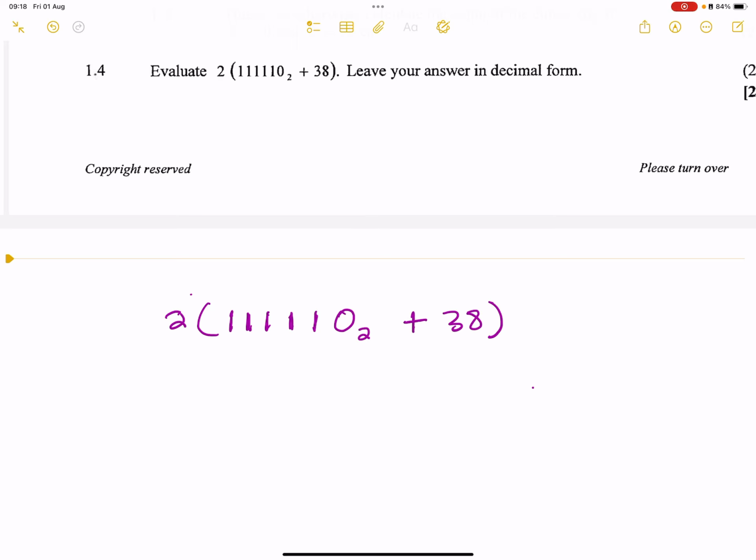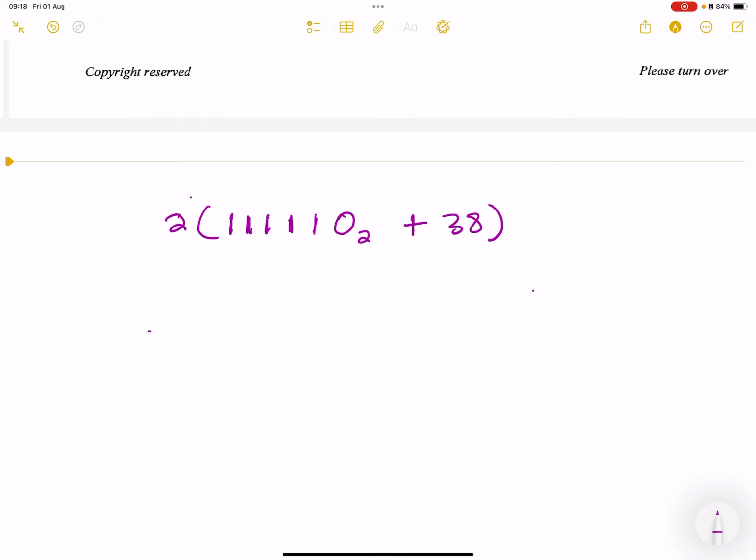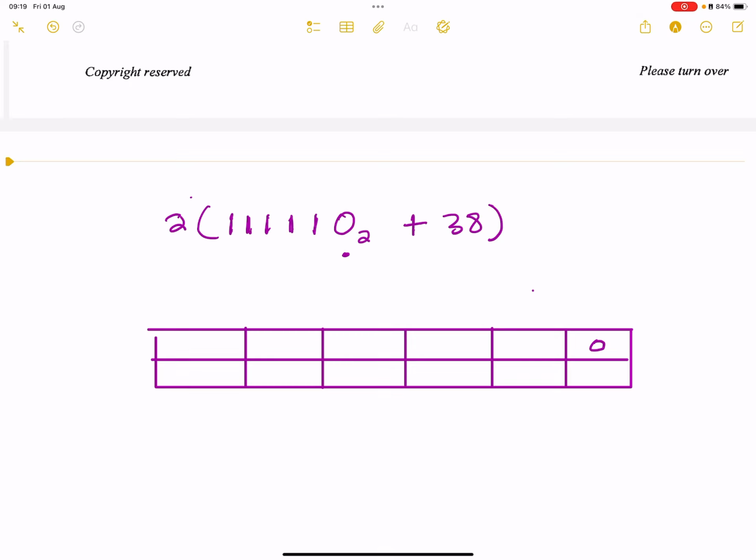So let's work out this binary number first. What we do with binary digits, please note, we've got 6 digits altogether, so I'm going to make 6 columns. I'm going to start with that 0, then 1, 1, 1, and another 1.